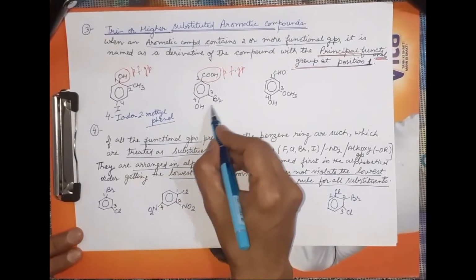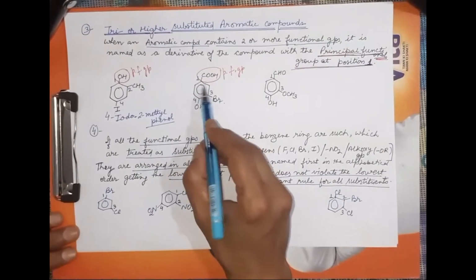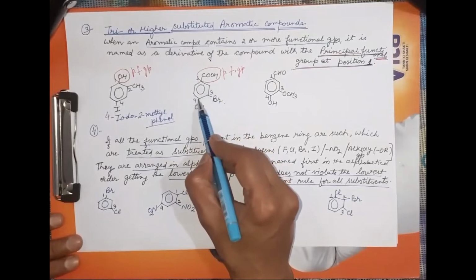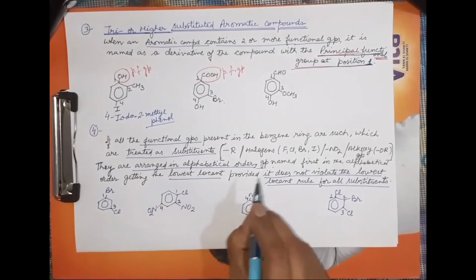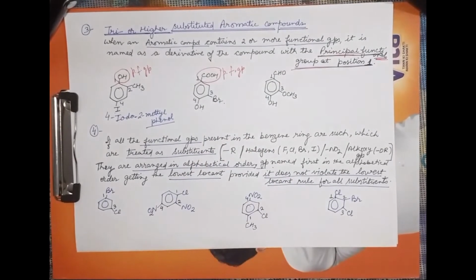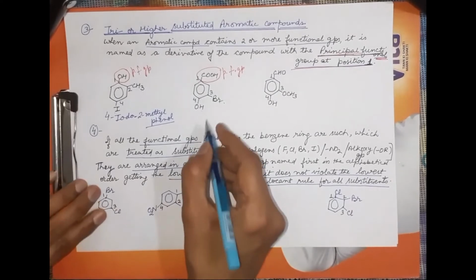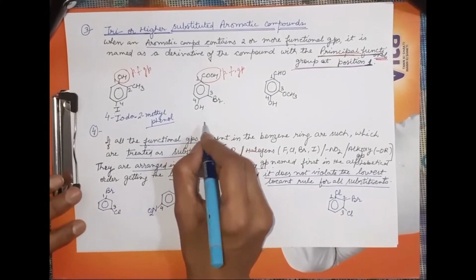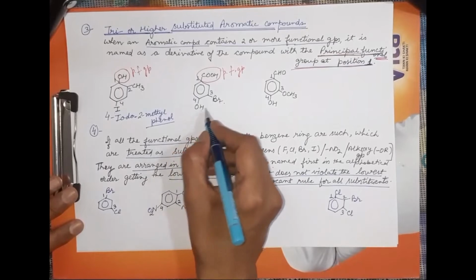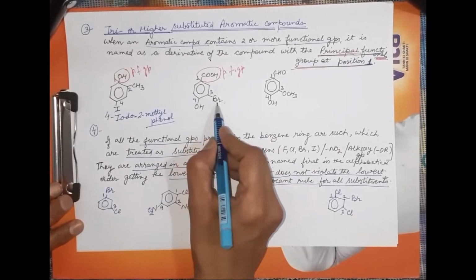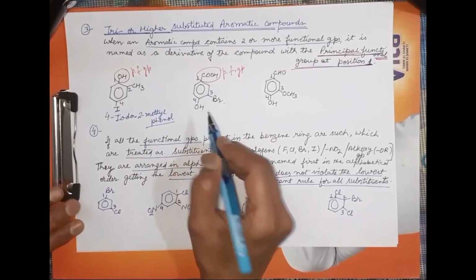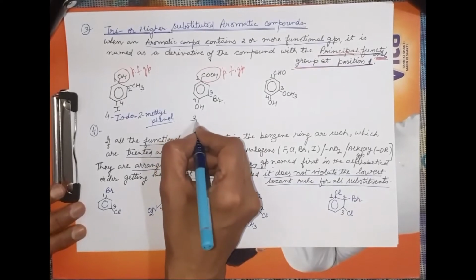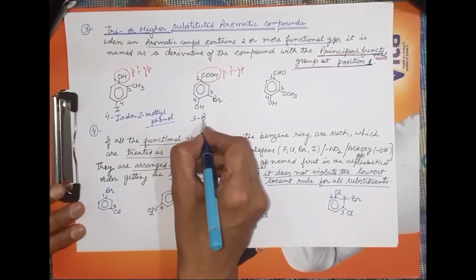And both these are the substituents. So numbering will be done 1, 2, 3, 4. In writing the prefix, we have to give priority to the alphabetical order. This is the bromo group and this is the hydroxy group. So we will write the bromo group first.